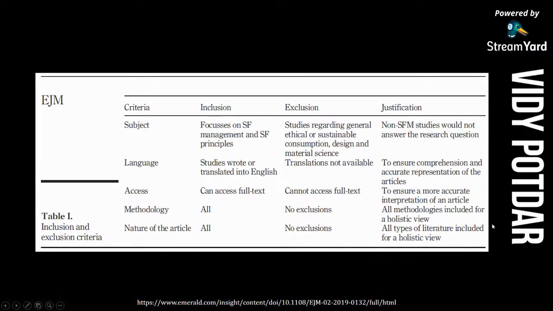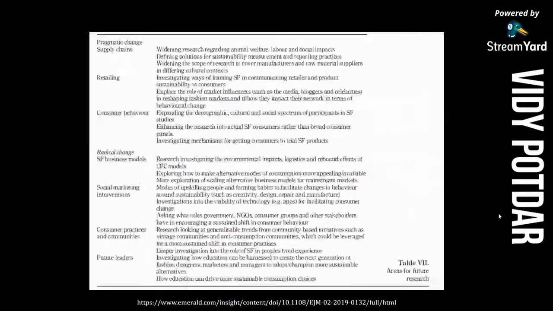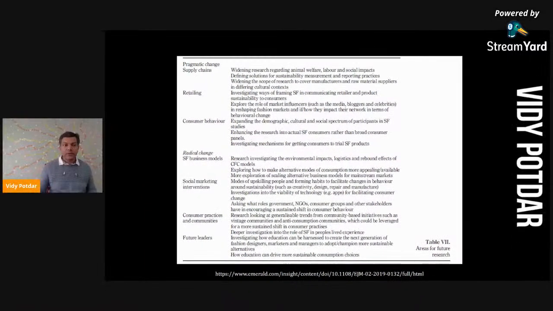This I think I covered in the last webinar. It was about inclusion and exclusion criteria, so I'll skip this. All right, this is another kind of table that you can incorporate in your study. What this is showing is the areas for future research, and this is very important.